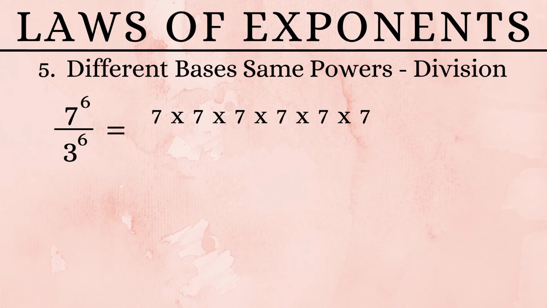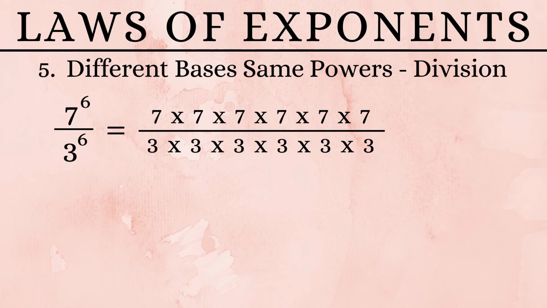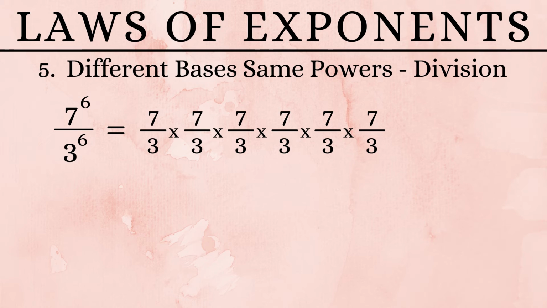And 3 to the power of 6 can be expanded as 3 multiplied 6 times. Now listen carefully. The same expression can be written as 7 by 3 multiplied 6 times. And that becomes 7 by 3 whole to the power of 6.